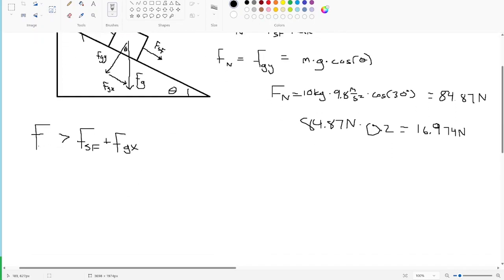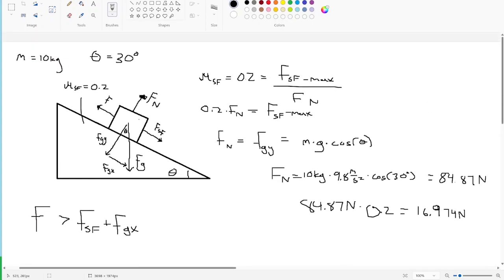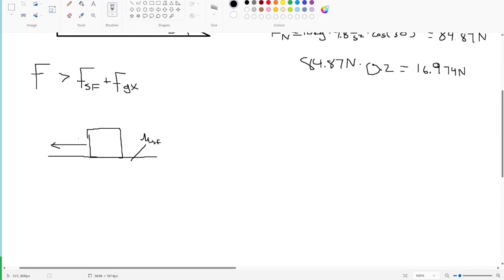And this makes a lot of sense if we put it like this. We have this block, same amount of mass. It's going to be 10 kilograms, and we pull it this way, and it has the same coefficient of static friction. We pull it with F. Let's imagine that you're pulling something on a flat floor.